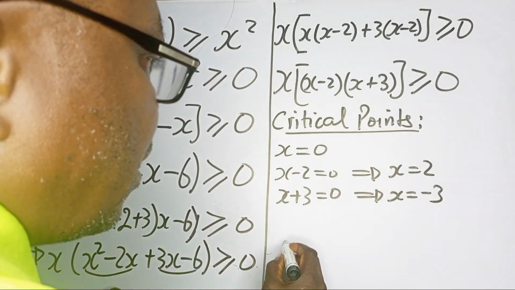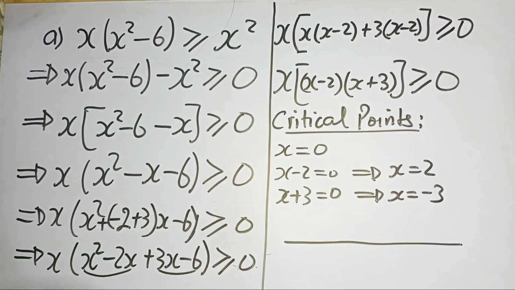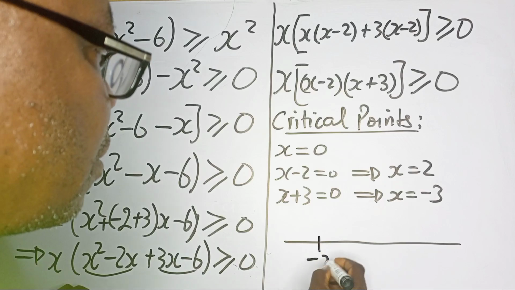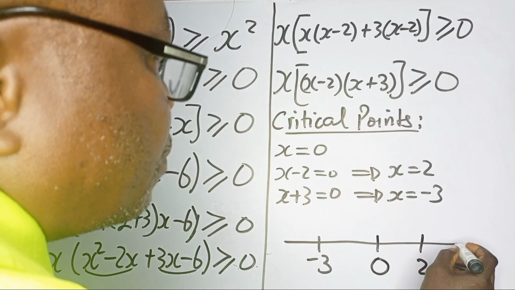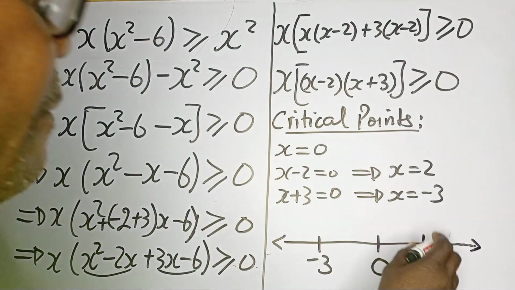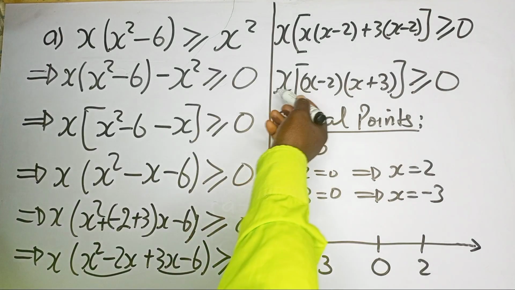We'll now go on our number line. We indicate those points in the right positions on the number line. -3 is the smallest, followed by 0, and then followed by 2. So we have 1, 2, 3, 4 zones to analyze. We're going to analyze using this expression.